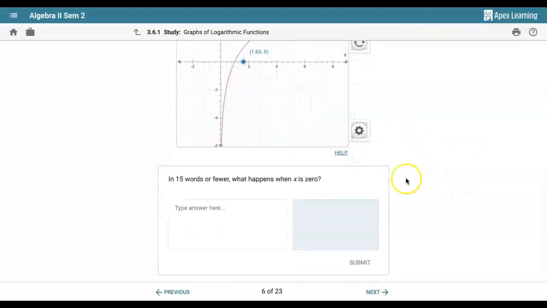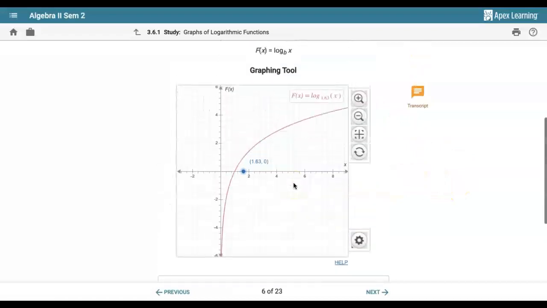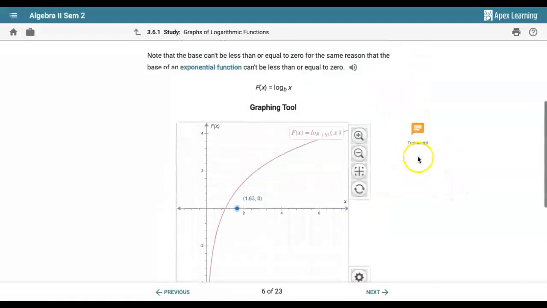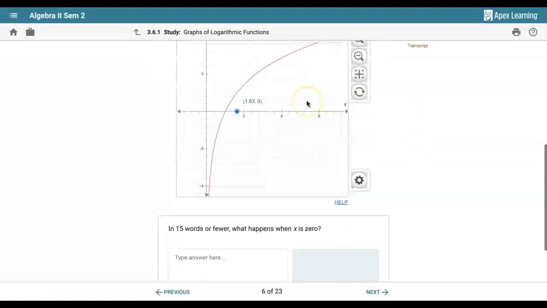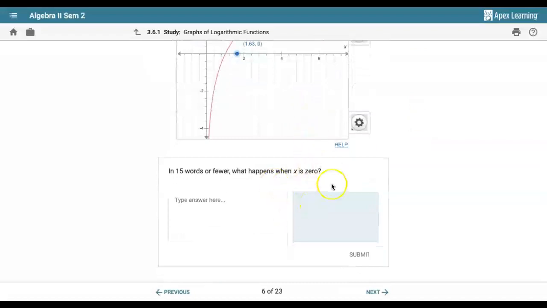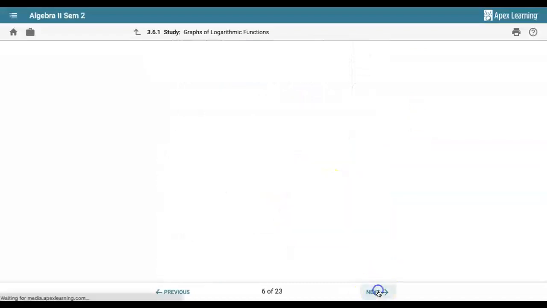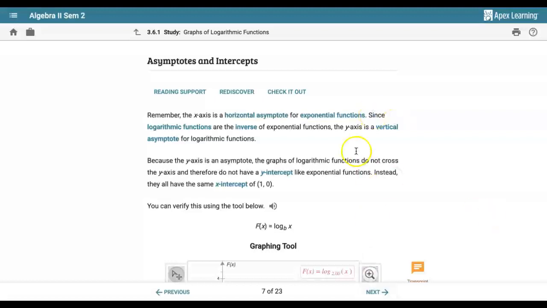And then here, what happens when x is 0? Again, that's asking what value will give us 0, and the answer is nothing, unfortunately. So what happens when x is 0? We're going to have an asymptote there.